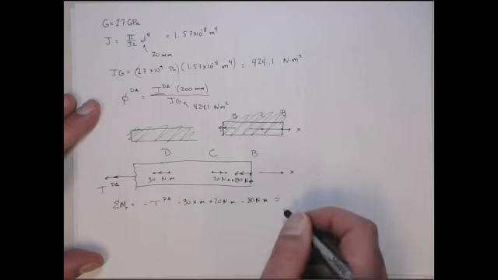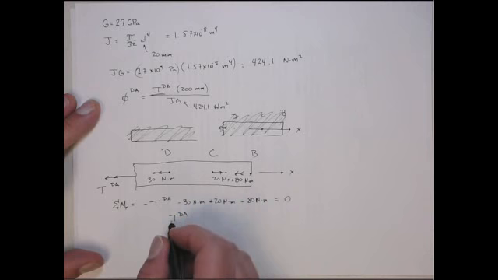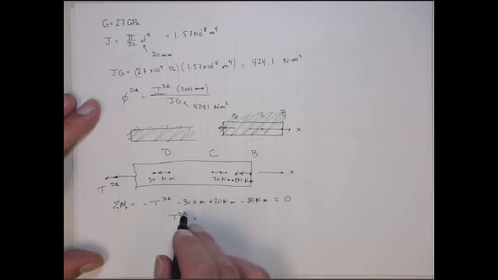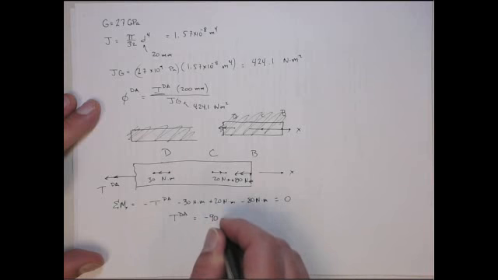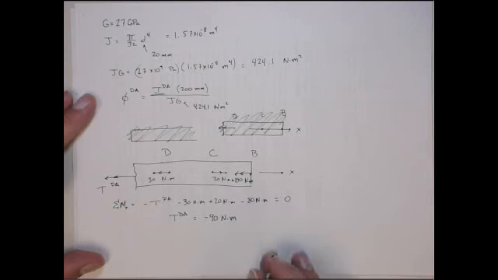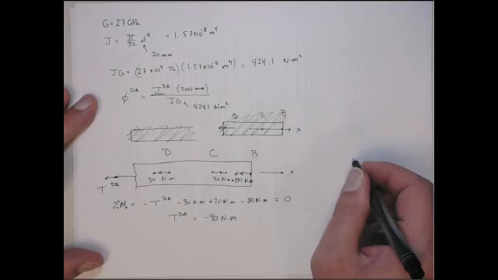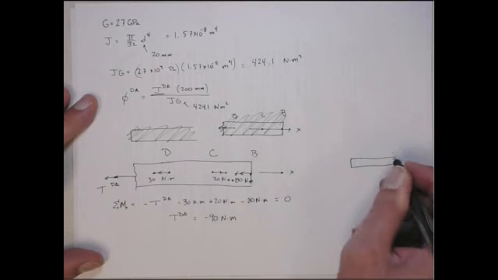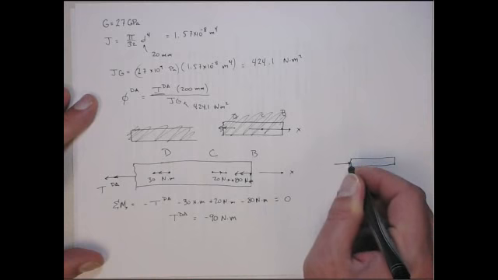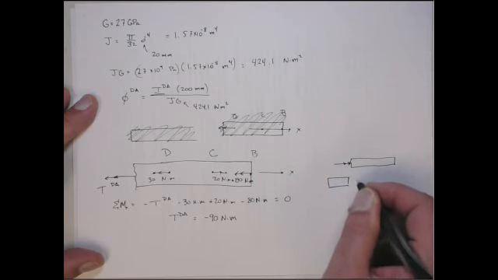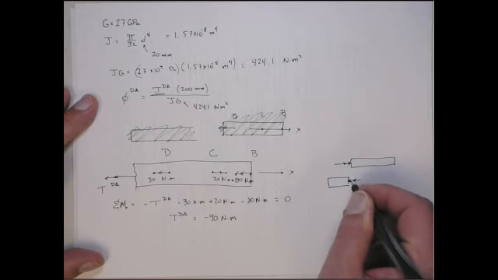That tells me the internal reaction torque in section D to A is minus 90 newton meters. In other words, it's actually acting in this direction on this face, or if I were to cut it from the other section, it would be acting in that direction.